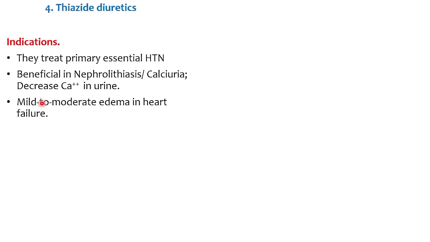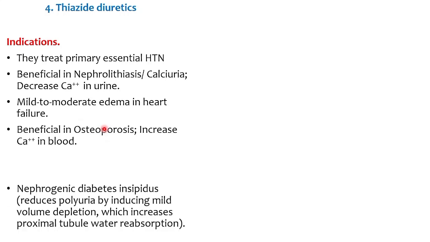Then they are also good for mild to moderate edema in heart failure. They can also be used in osteoporosis, because in osteoporosis we want to increase the amount of calcium in blood, and the best way of increasing calcium in blood is by using a thiazide diuretic. So they're very beneficial in osteoporosis.